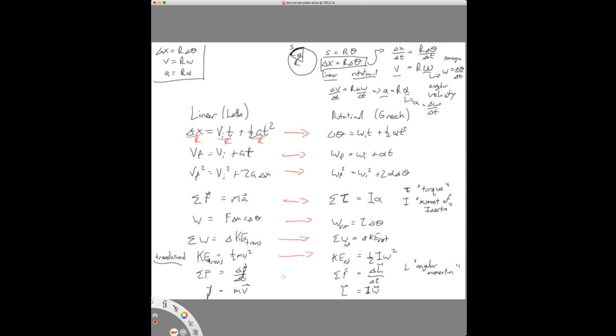And it's going to take us the rest of this week and next week to really get through all of these equations and all of what they mean and what the applications are. But today we're really going to be focusing only on this equation. The net torque equals I alpha. So a torque is sort of a twisting of something.